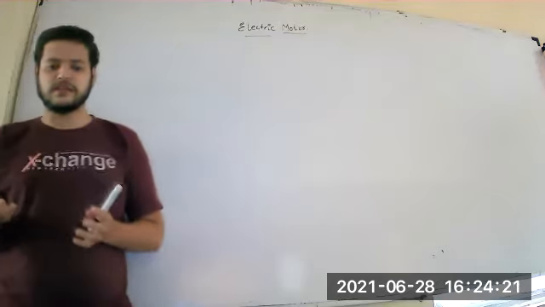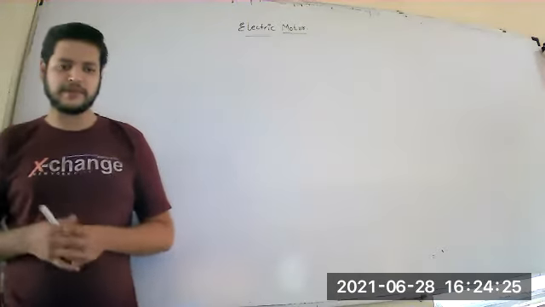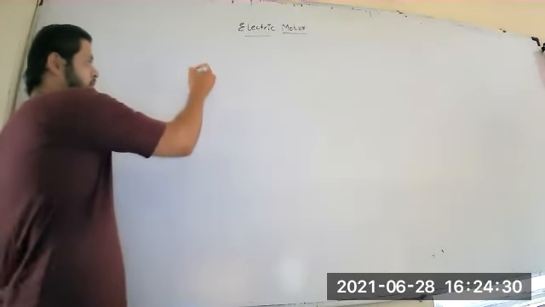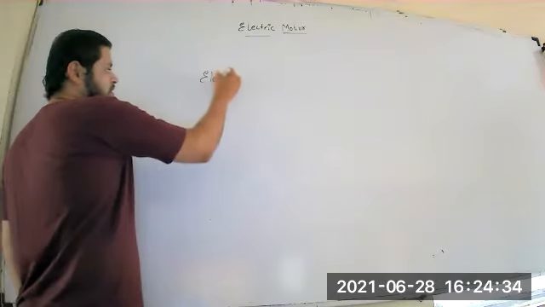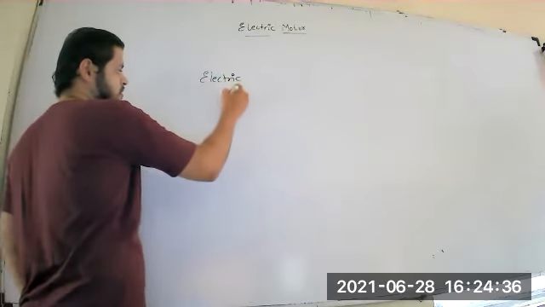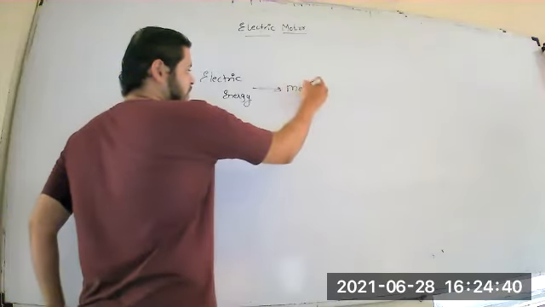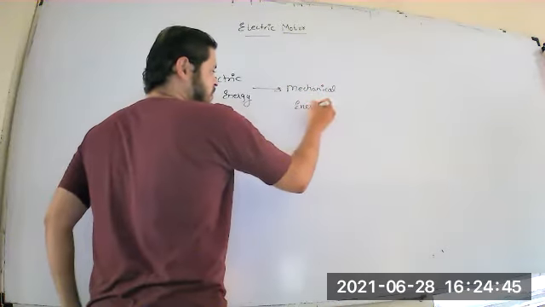Now we have seen electric motors in our day-to-day life many times, but the basic idea behind an electric motor is the conversion of electric energy into mechanical energy. Okay, this is the basic idea.